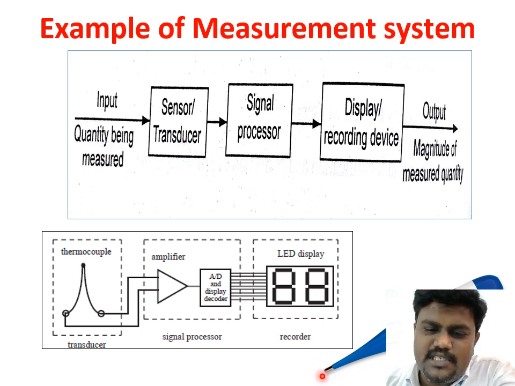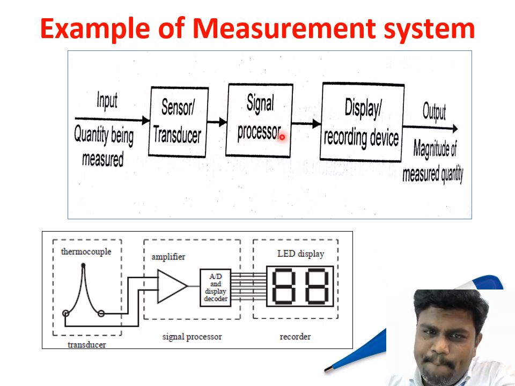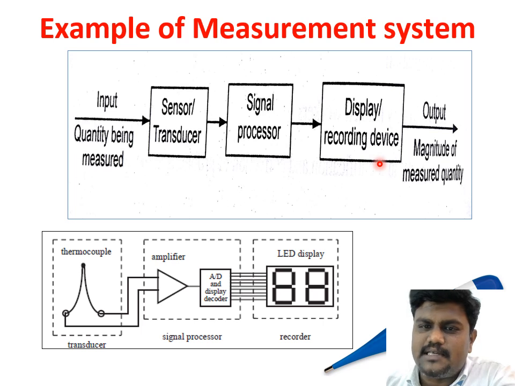The terminal that you could see here will be considered your sensor or transducer, which detects the physical change and gives that signal to the signal processing unit, where this measured signal will be converted to an electrical signal, or amplified in the way in which it can be seen on your display. That is what we actually see as the body temperature, for example 97.9 or 100, whatever it is. So this is what really happens. There will be a thermocouple that actually measures it, and inside your processor you could see the amplifier.